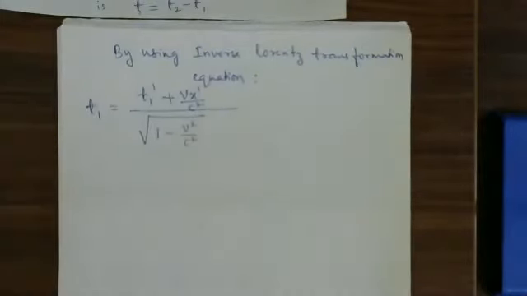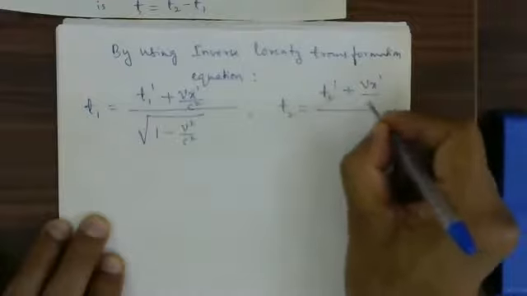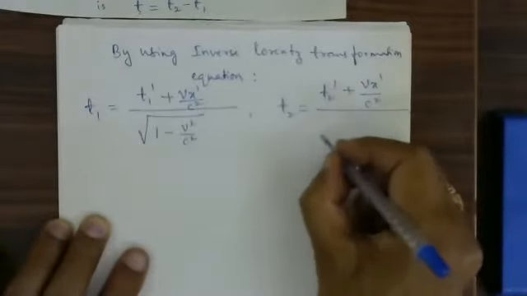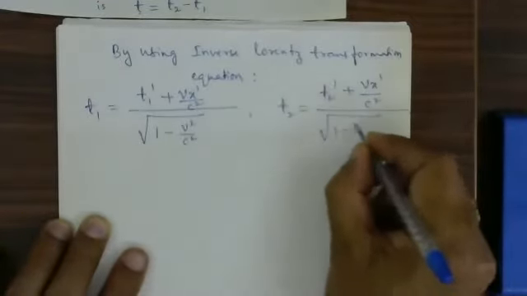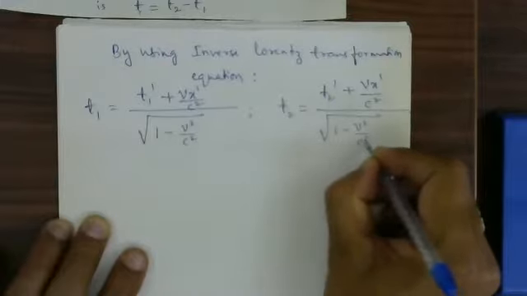Similarly, T2 is equal to T2 dash plus Vx dash divided by C square, divided by square root of 1 minus V square divided by C square.